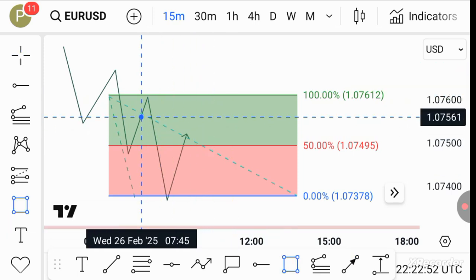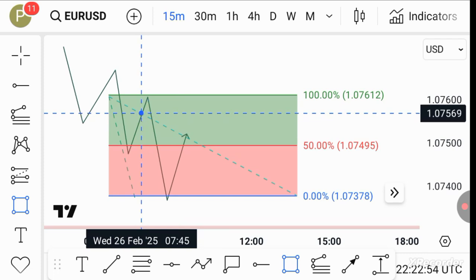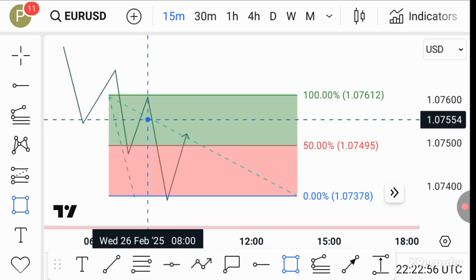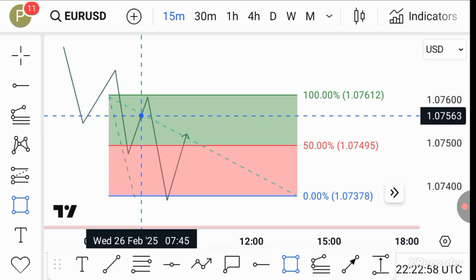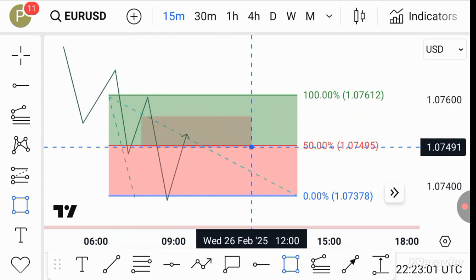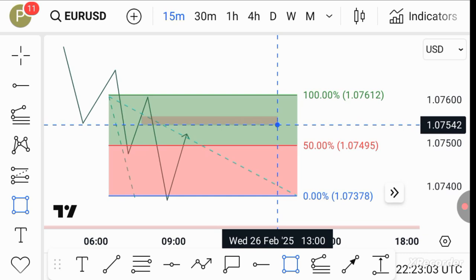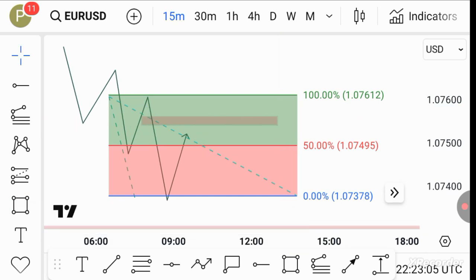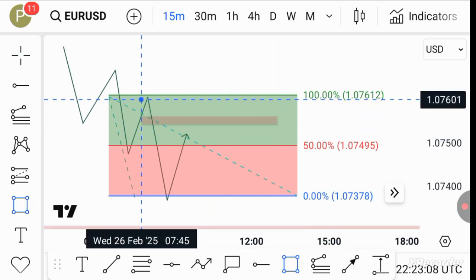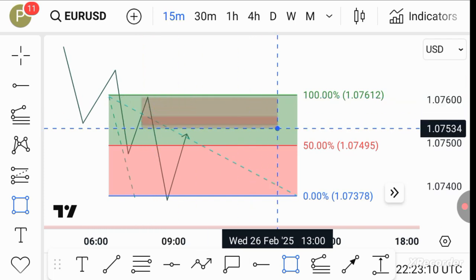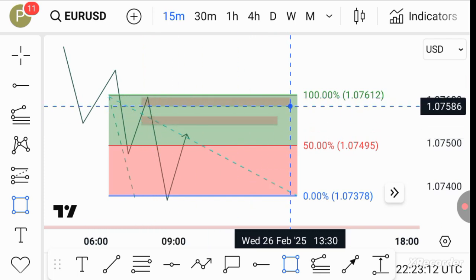Now in most cases the price movement is going to get to a fair value gap, where you're likely to have a fair value gap. Price is coming there, or price is coming to an order block level.